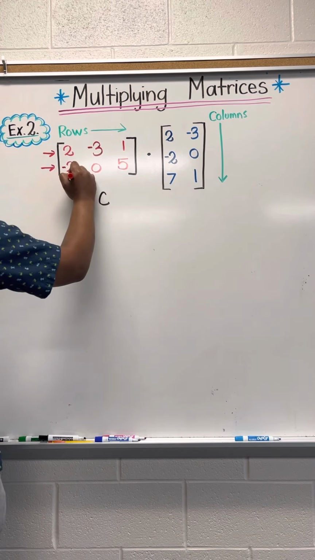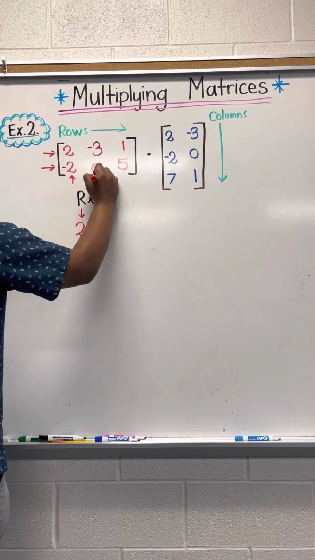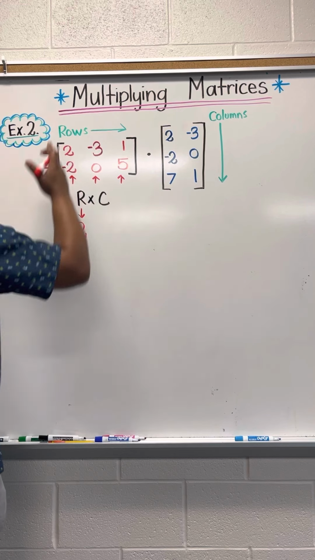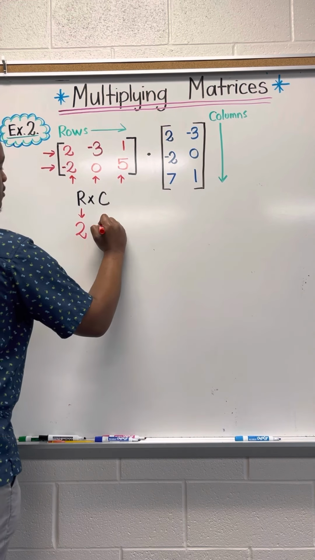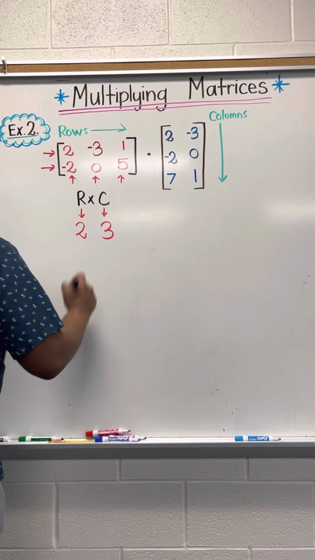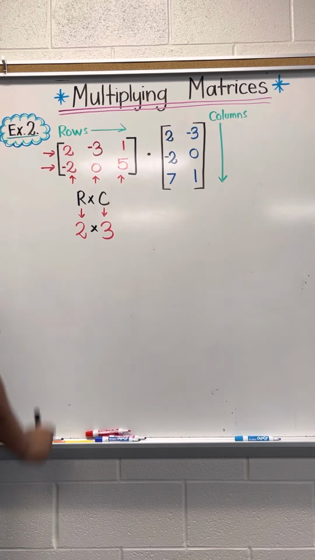It also has 3 columns. Once again, it has 2 horizontal rows and 3 vertical columns. So we will call this a 2x3 matrix because it's always rows to columns.